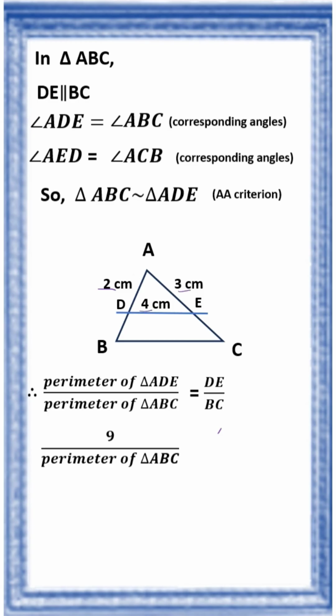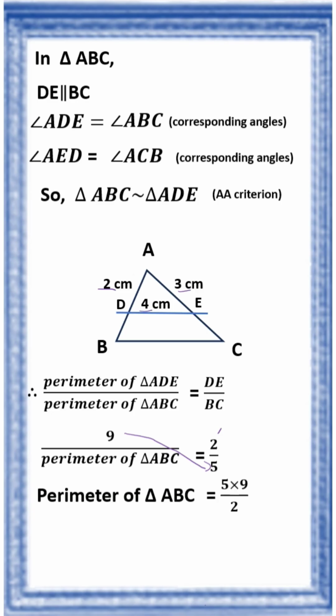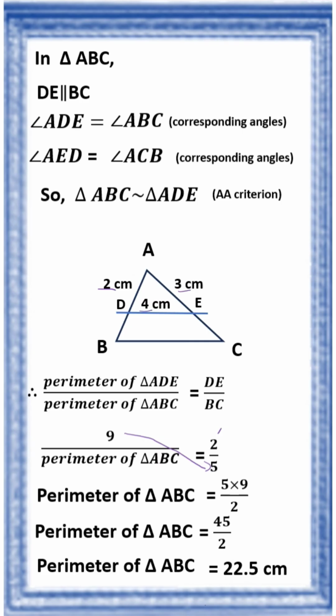This is the easy method. If this question has been given as an MCQ or 1 mark question, we can directly write the answer. So 9 upon perimeter of ABC is equal to 2 by 5. Here, cross multiply. So, perimeter of triangle ABC is equal to 9 into 5 by 2, that is equal to 45 by 2, that is equal to 22.5 centimeter.